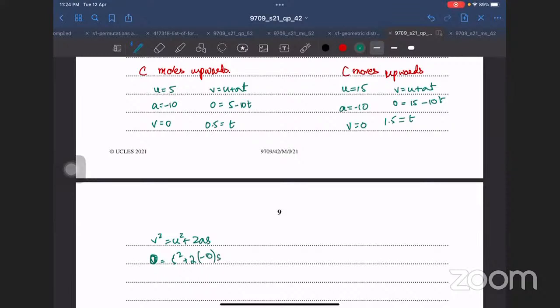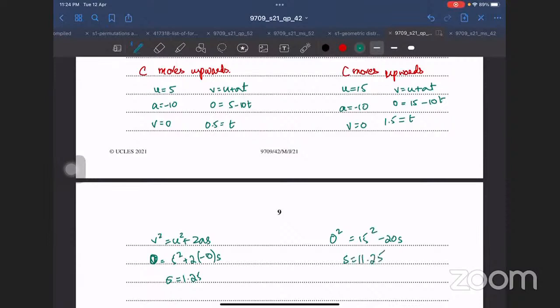So that gives me 25 over 20, 1.25. Similarly 15 squared divided by 20 gives me 11.25.